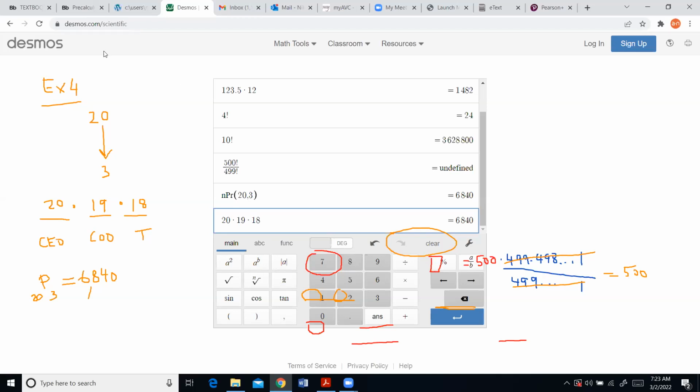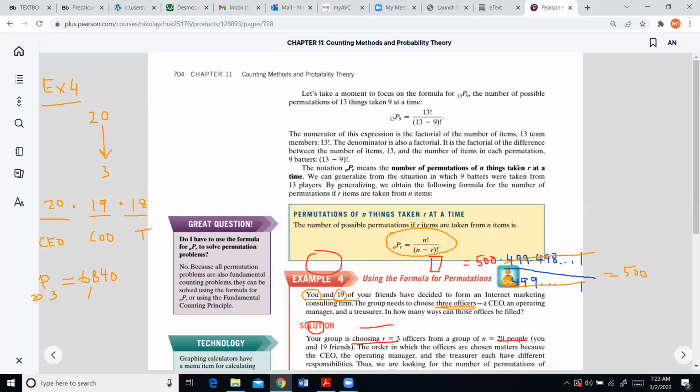So it turns out that using a formula with so-called permutations is faster. All you need to realize is what type of selection you're making. So you're selecting 3 out of 20 people, and order is important. Order is important because it makes a difference if you are CEO or if you are COO. Those are different positions. Order is important. That's the key here.